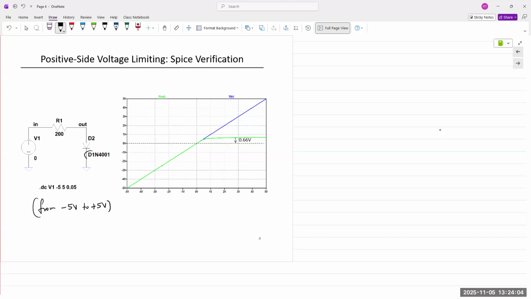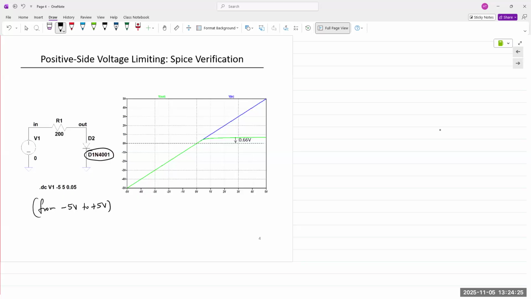And we are using a standard diode, the 1N4001. This is one of the most common silicon diodes that students will encounter. It's the diode that I studied and performed experiments with when I was a student, and my professor studied the exact same diode. It's been around for a long time.